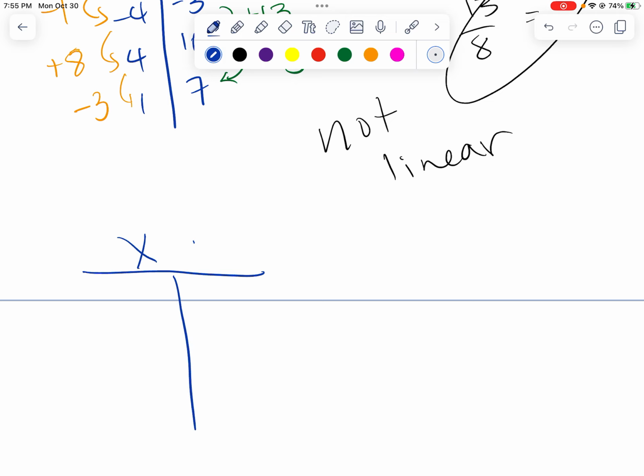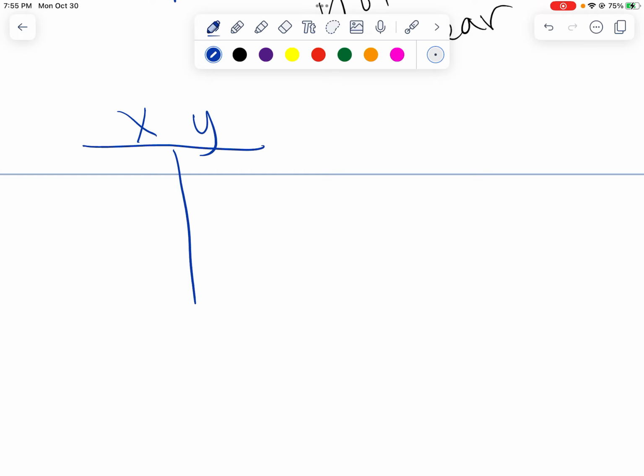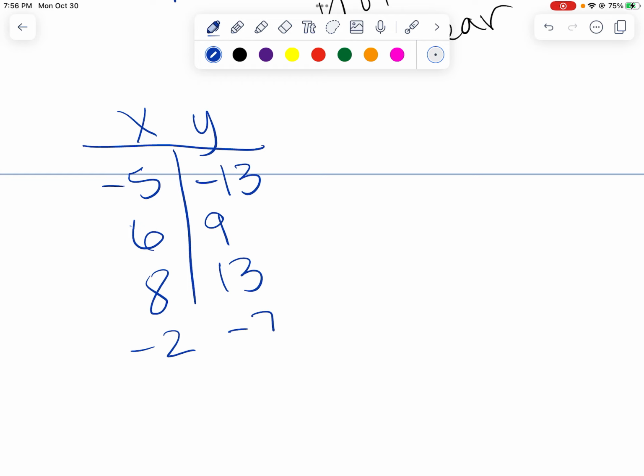See if I can make sure that this comes out nice. -5, -13, 6, 9, 8, 13, and -2, -7. Now let's see if it'll work.